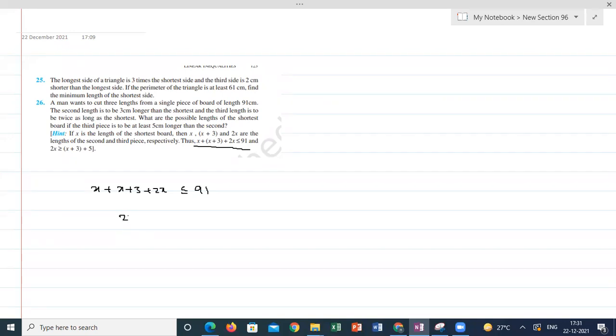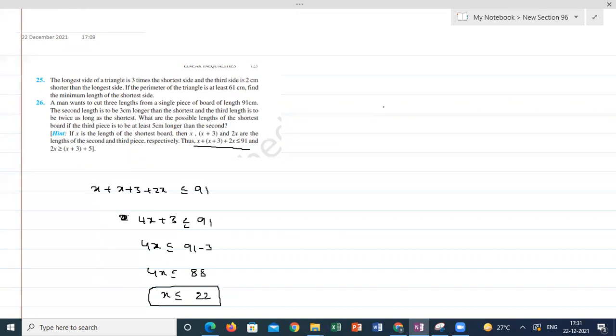So 4x plus 3 is less than or equal to 91, 4x is less than or equal to 91 minus 3, which is 88. X is less than or equal to 22. Keep it as this is one condition.